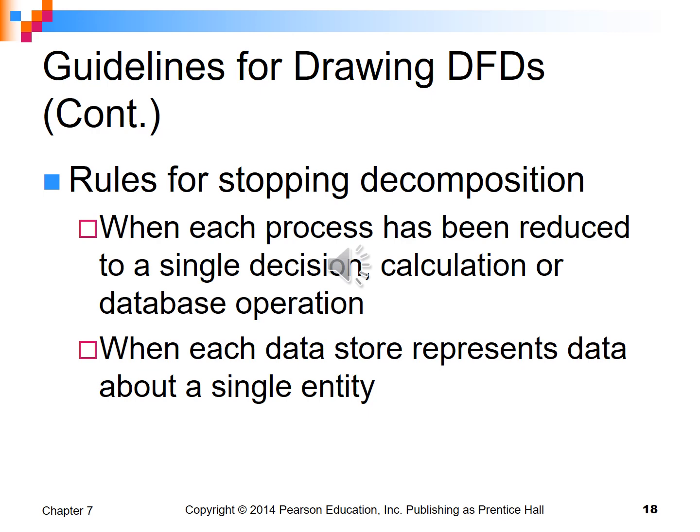So for this slide and the other 2 slides, there are some rules. Like in this slide, if you read it: when each process has been reduced to a single decision, calculation or database operation, when each data store represents data about a single entity. So we just read them quickly and go through these slides.